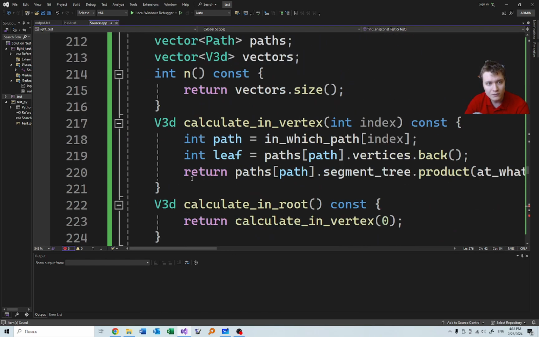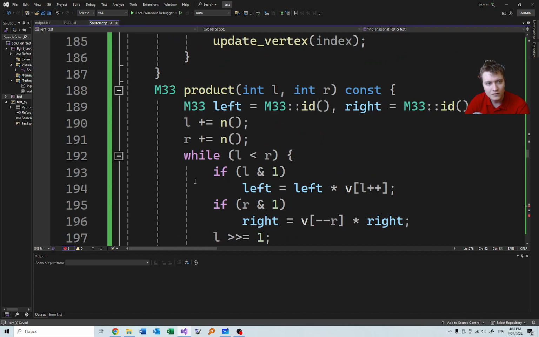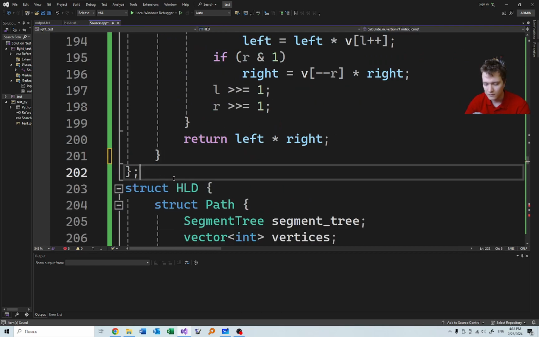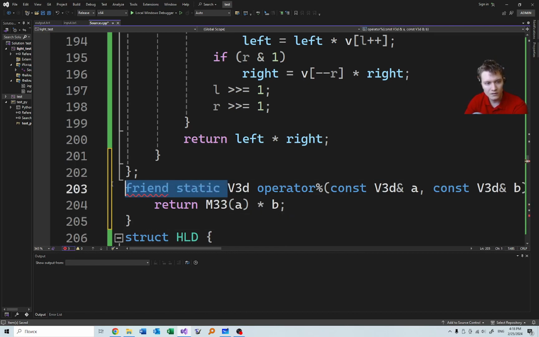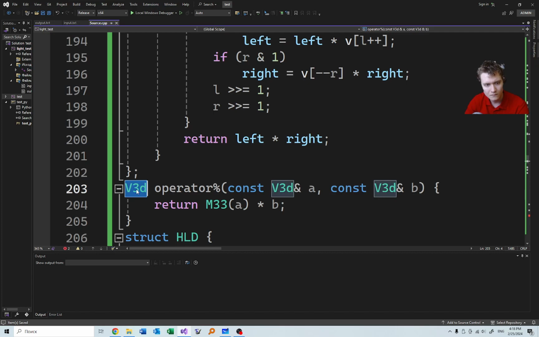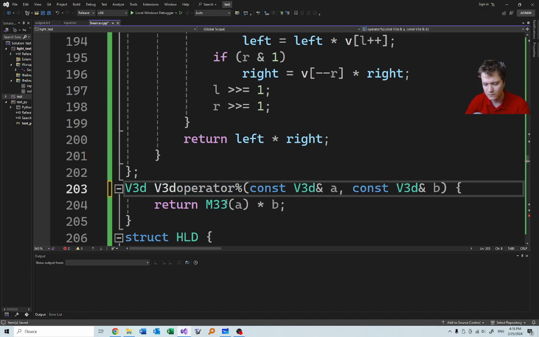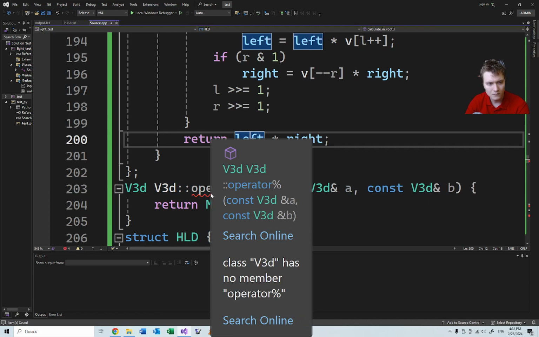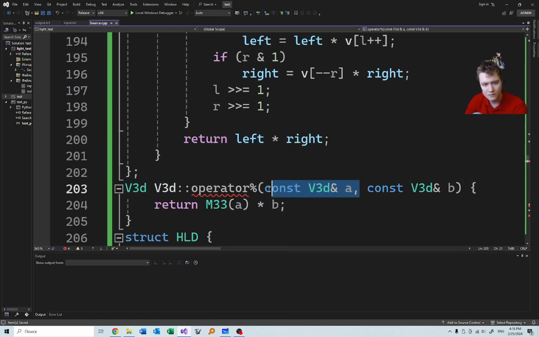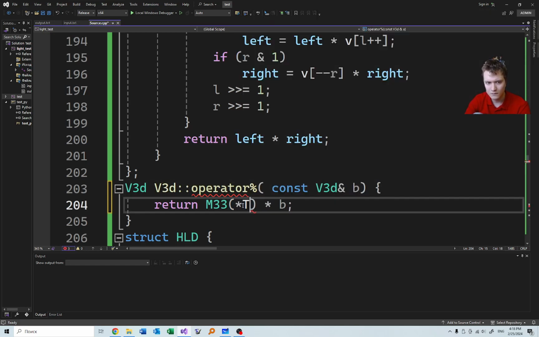I think I don't need to make it friend because for some reason it can't find it. So let's just call it with v3d operator percent. Can I do it? I can do it if I declare it.